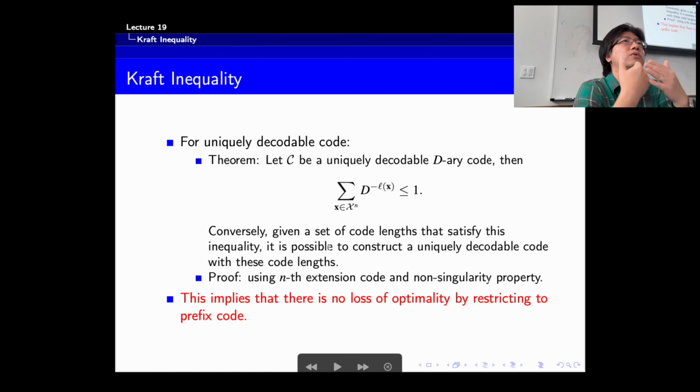The prefix code is more constrained, because we need to guarantee that no codeword is a prefix of any other codeword. But it turns out that we do not lose anything in terms of the length of the code. So in practice we can just use the prefix code if we like.